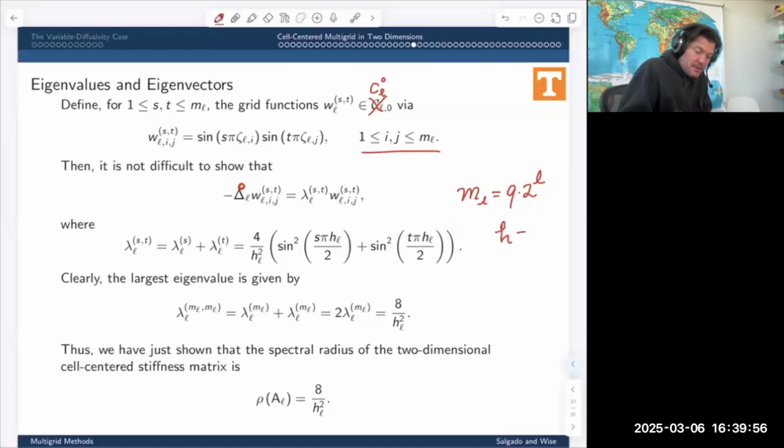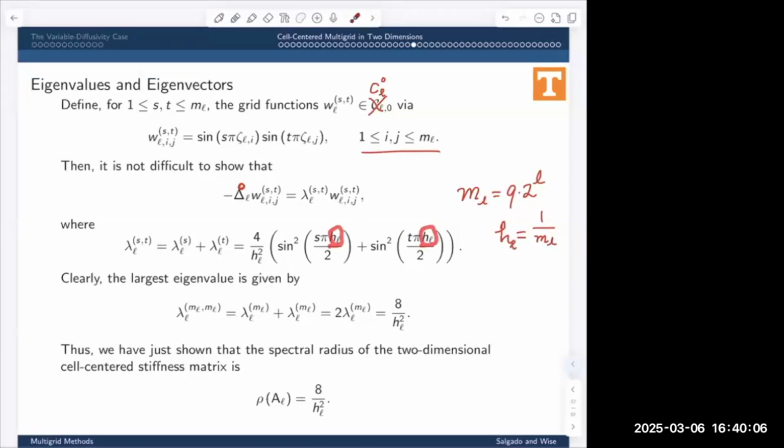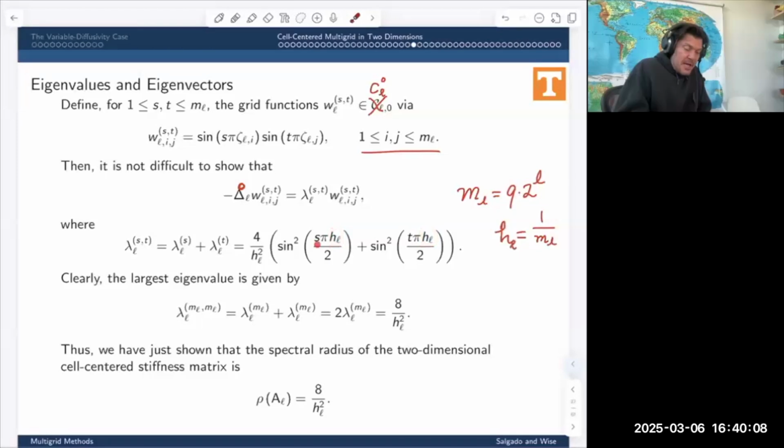HL is always equal to 1 over ML. And of course, T and S go between 1 and ML.